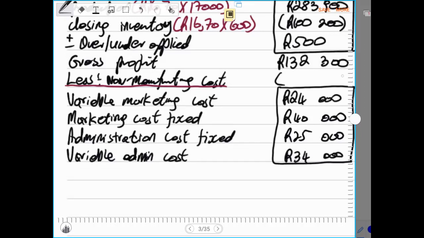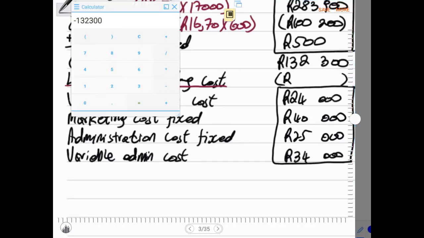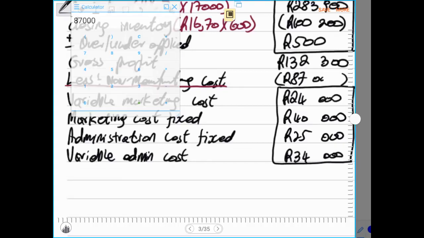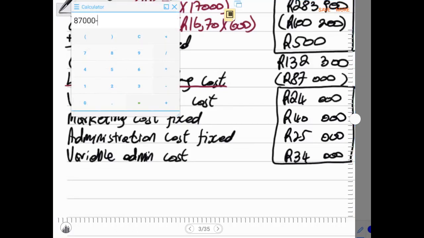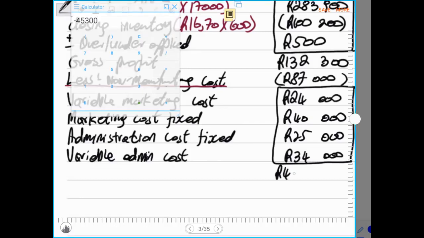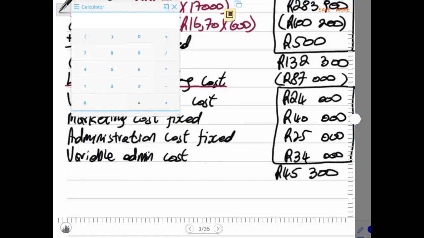So now let us calculate the total of all the non-manufacturing costs, which is 24,000 rands plus 40,000 rands plus 25,000 rands plus 34,000 rands, and this will give us 87,000 rands. And if you say 87,000 rands minus 132,300, this will give us a total of 45,300 rands.